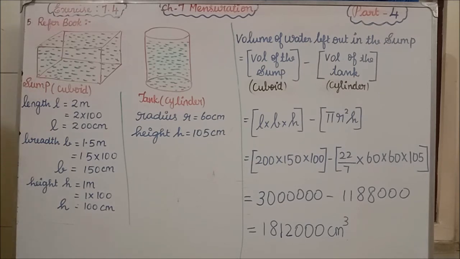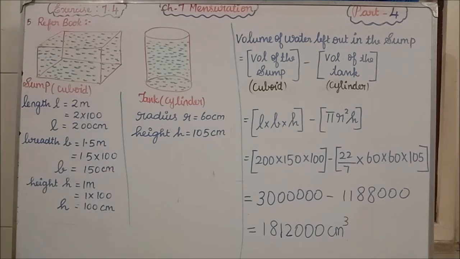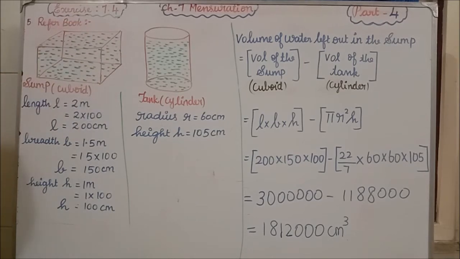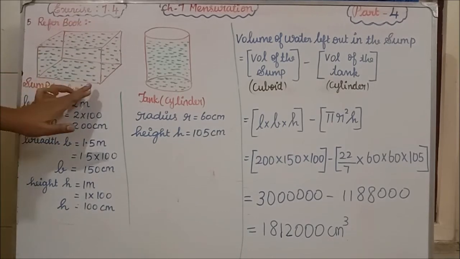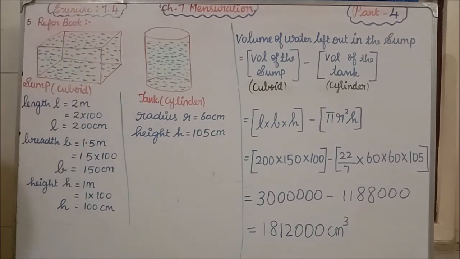The overhead tank is in the shape of a cylinder. Here the sump has dimensions for the cuboid: 2 meter, 1.5 meter and 1 meter, which is the length, the breadth, and also the height given in the question.